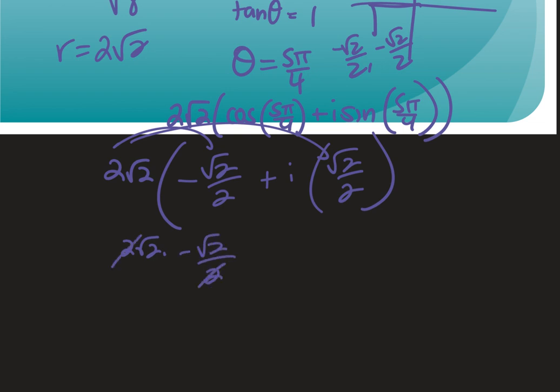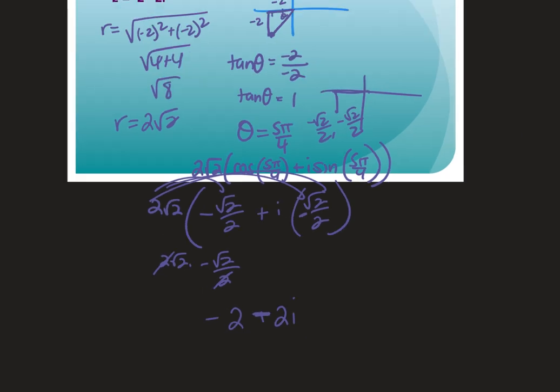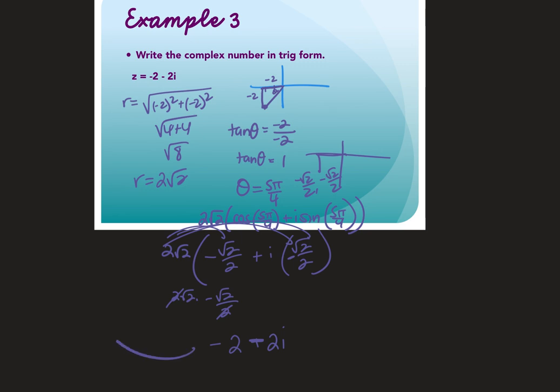These cancel, and root 2 times root 2 is 2, and it's negative. Do it again, and this should be negative. So you don't have to do that. That is to check your answer, okay? You can stop here.